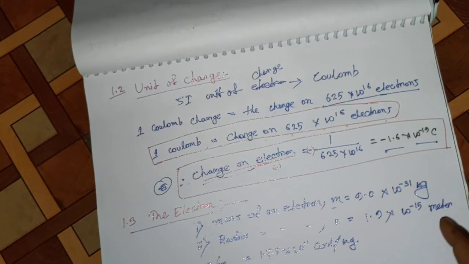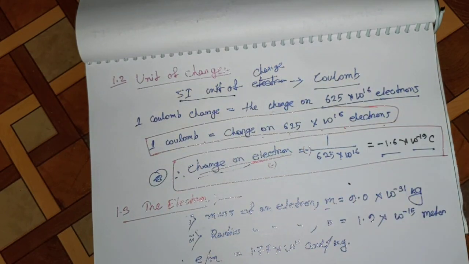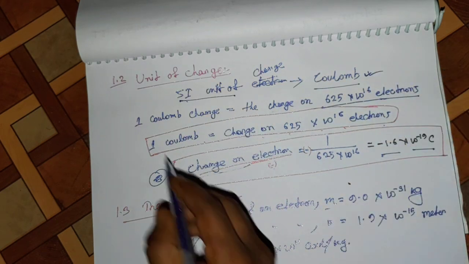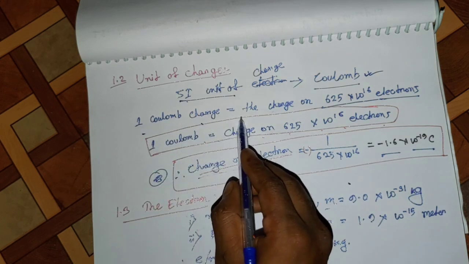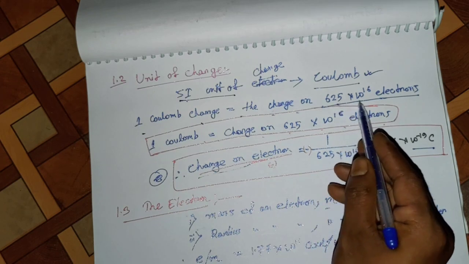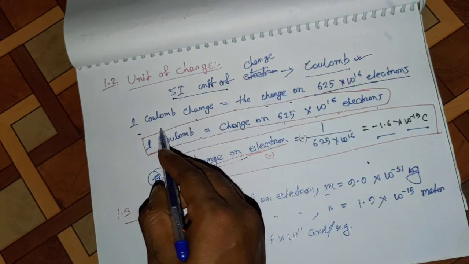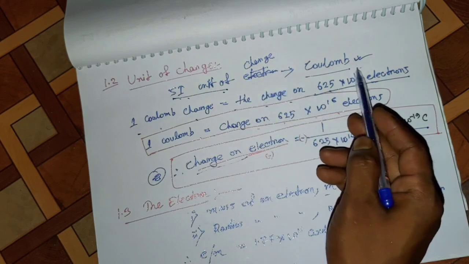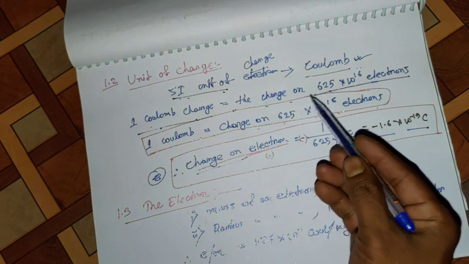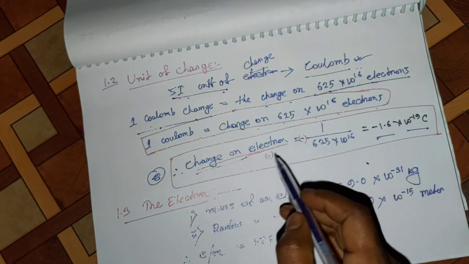Unit of charge. The SI unit of charge is the coulomb. So what is a coulomb? 1 coulomb charge is equal to the charge on 625 into 10 to the power 16 electrons.